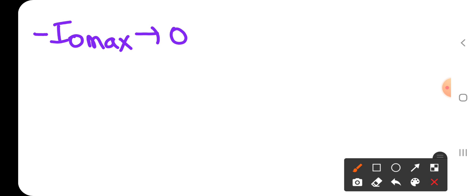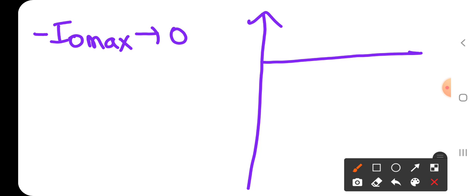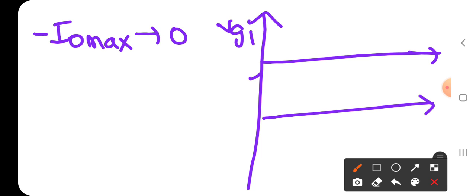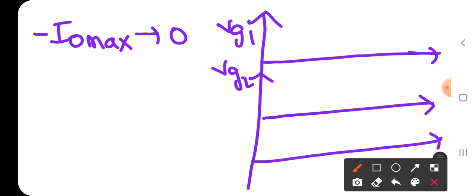So, let me take this as Vg1 and here also Vg2, and this is IA.